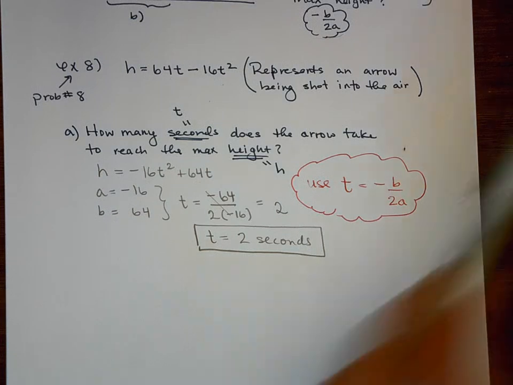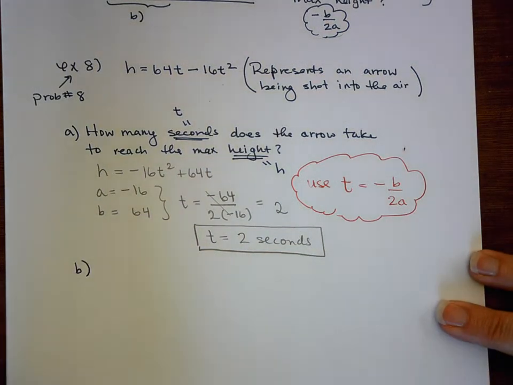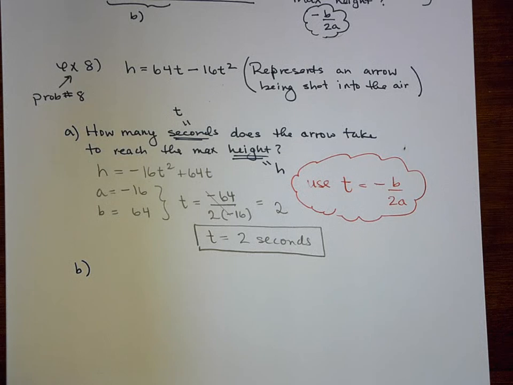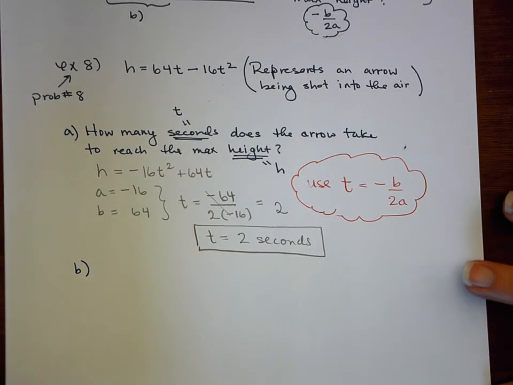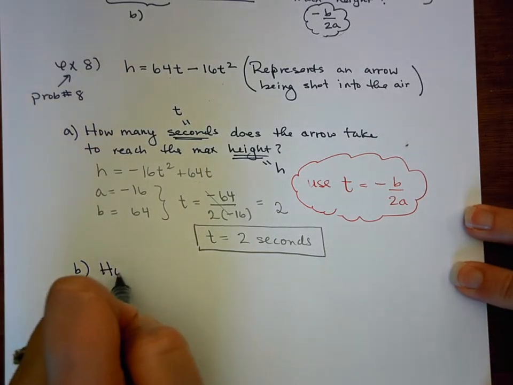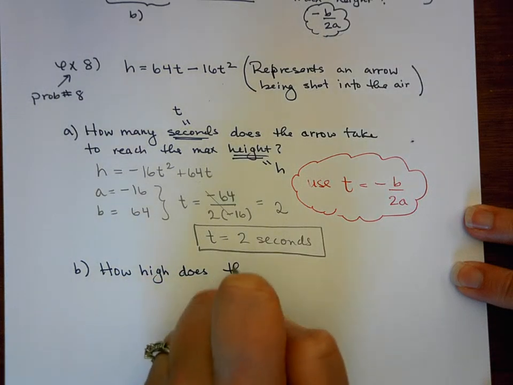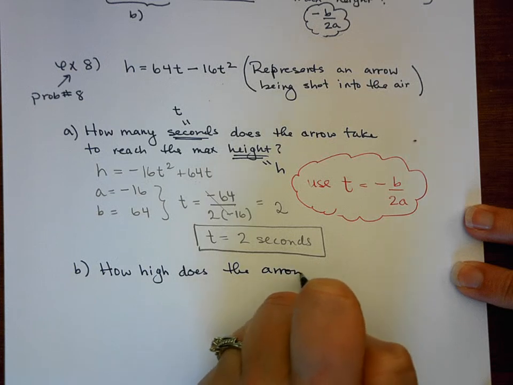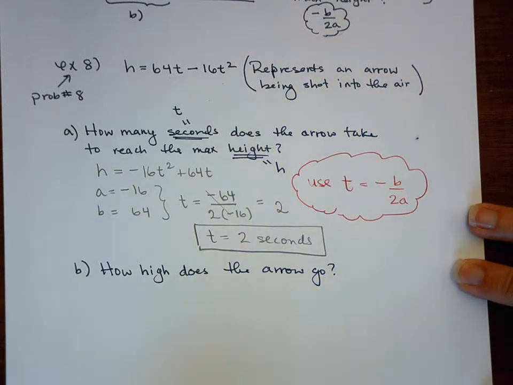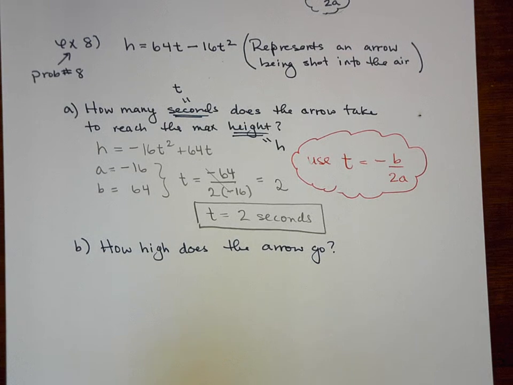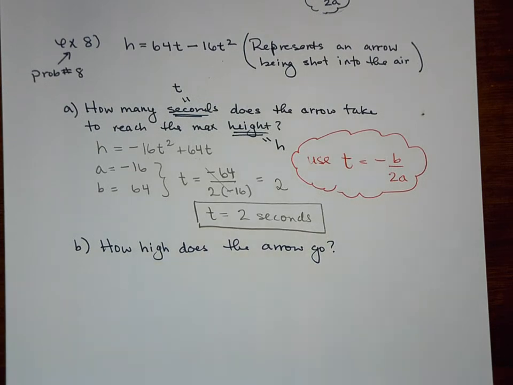And then for part B, okay, so for this one they're asking how high does the arrow go?